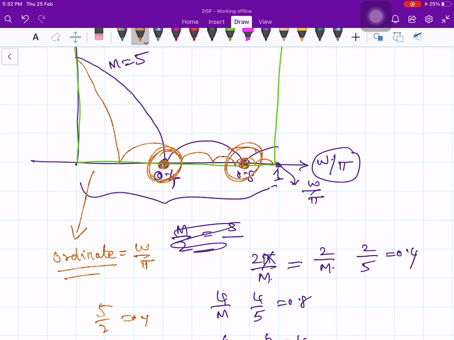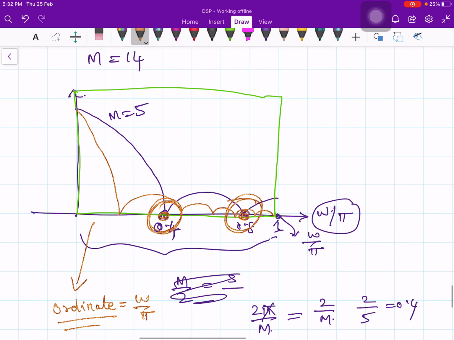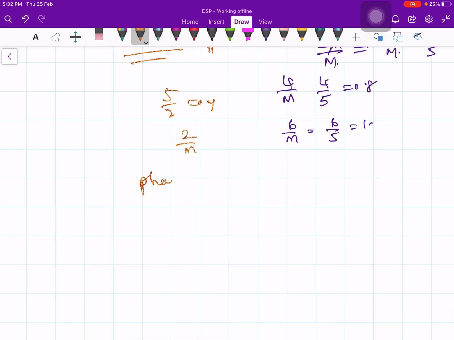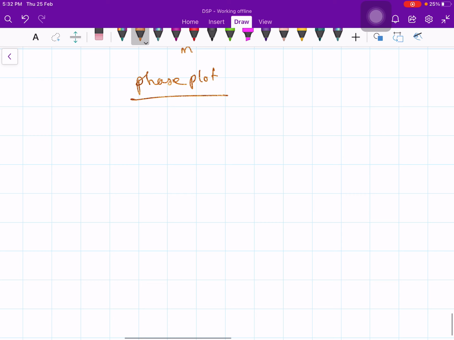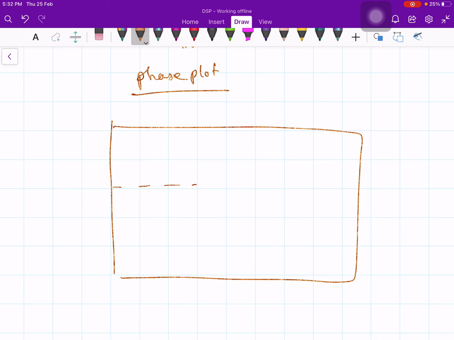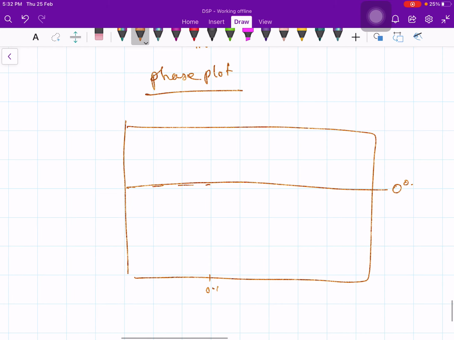Now let us look at the phase. So this is the magnitude. Now let us look at the phase plot. Okay, let me draw a box, and this line is 0 degree. Let's say this is 0.4 and this is 0.8.